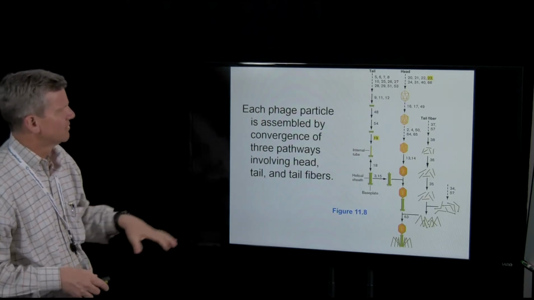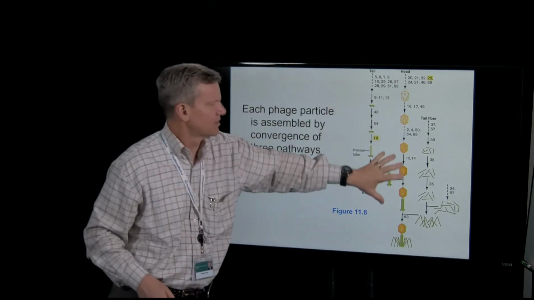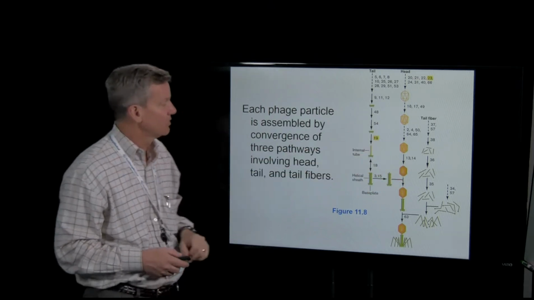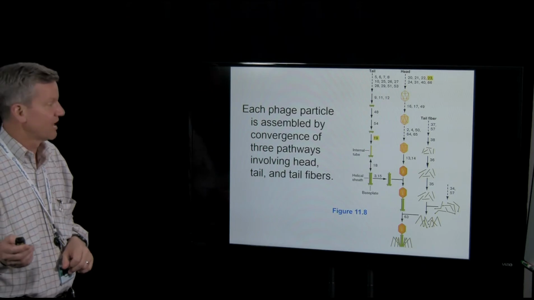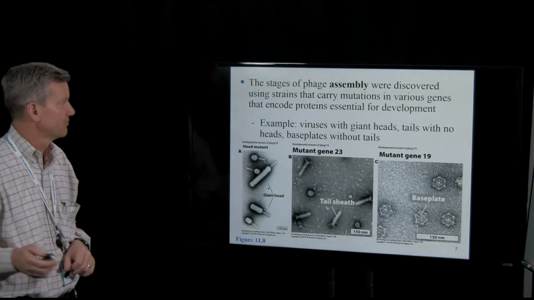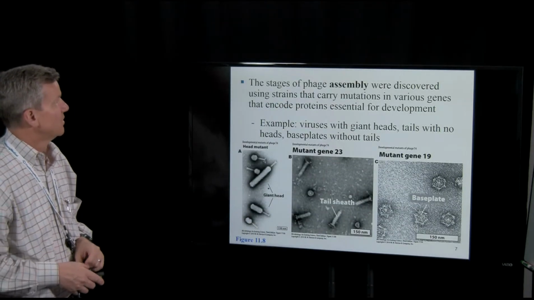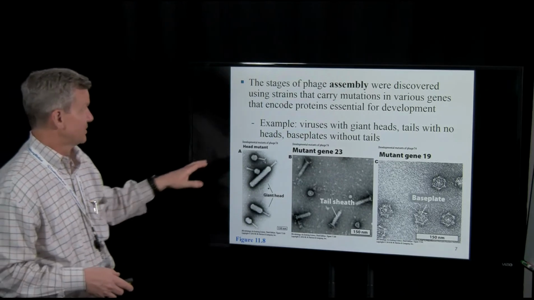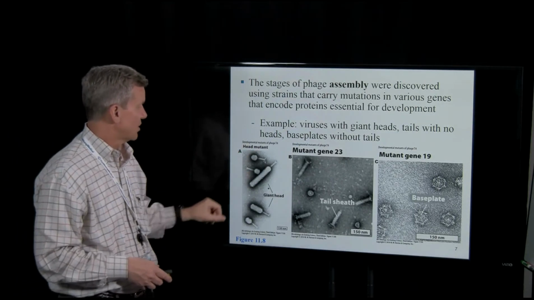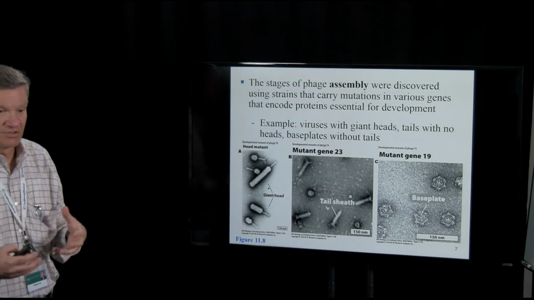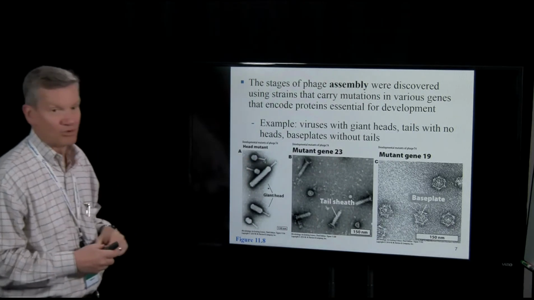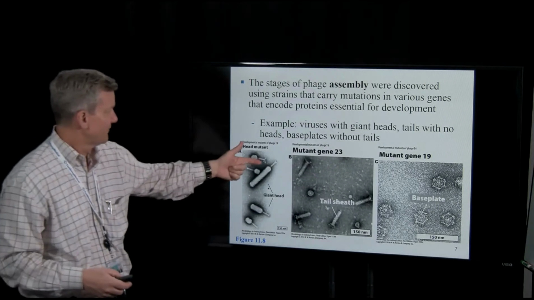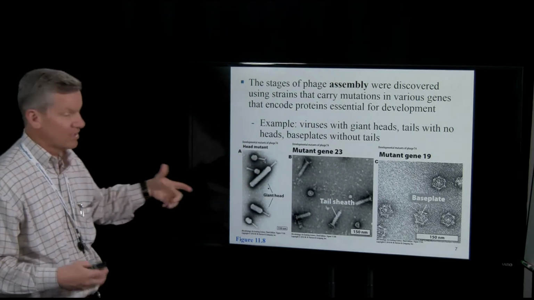So as you see, even though it's a bacteriophage, it's a very complicated phage. There are 20 different products here that have to self-assemble and go together. And we actually know about this because we've been able to mutagenize some amino acids in the capsid and make giant head proteins, for example. So the head doesn't know when to stop.